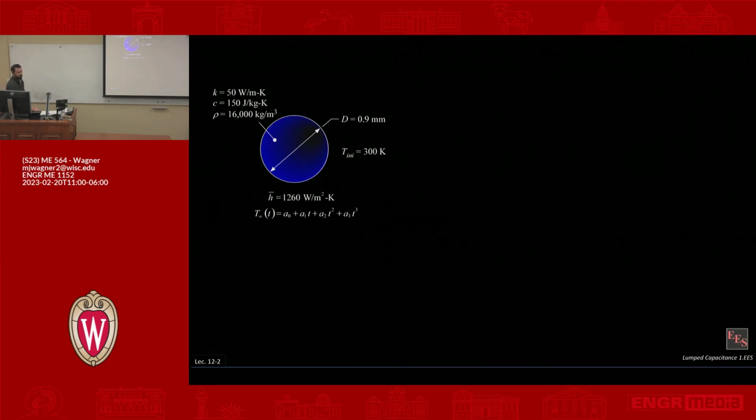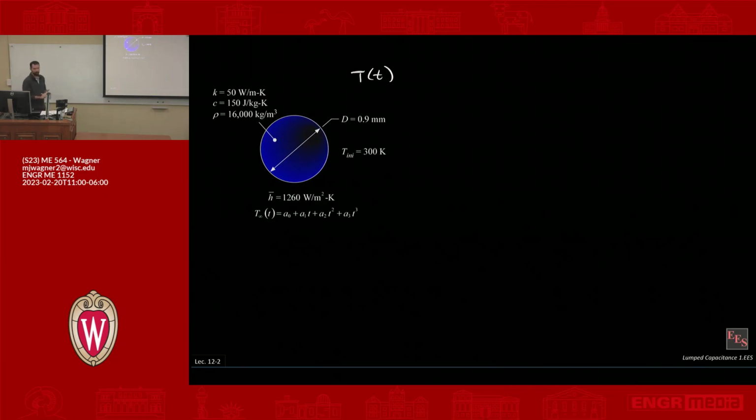We need to first convince ourselves that we can model this entire thing as a single temperature. The simplest possible function would be something where we say the temperature of this body depends only on time. We throw out all the spatial dependence of temperature and say, give me some moment in time, I can tell you uniformly within this body what the temperature is.